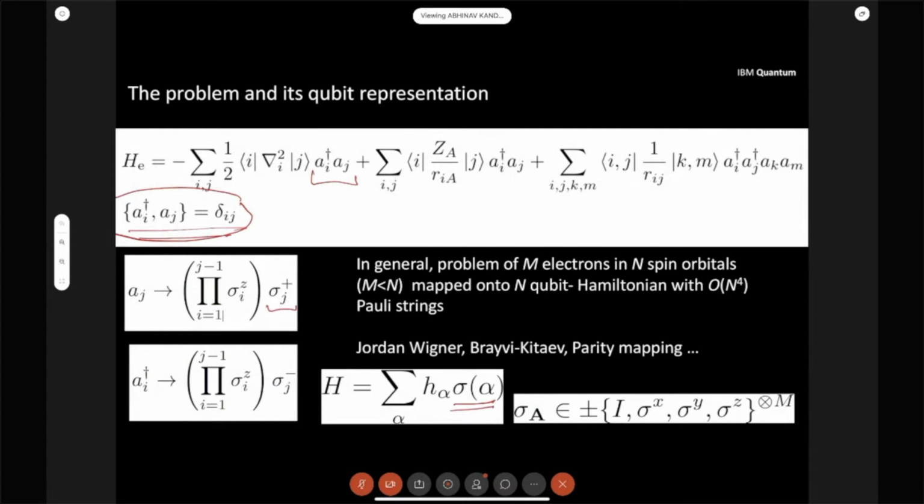And Antonio yesterday discussed a bunch of different mapping schemes, which I won't describe in full length for the interest of time today. But just to give you a flavor of how this mapping works, in the Jordan-Wigner scenario, you're mapping whether an orbital is occupied or not with a qubit.